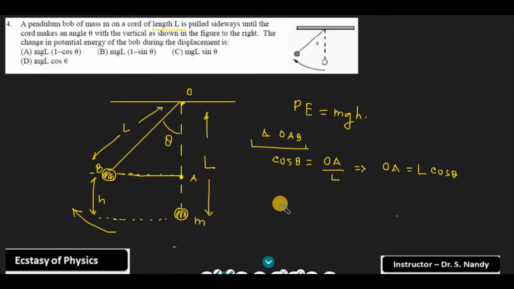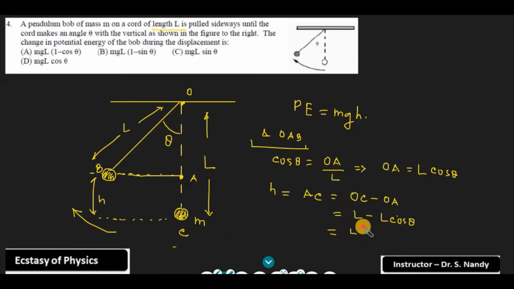Now we can write that h is the same as AC, taking C as the end point, and AC can be written as OC minus OA. OC is the total length of the string, L, minus OA, which we just computed as L cosine theta.